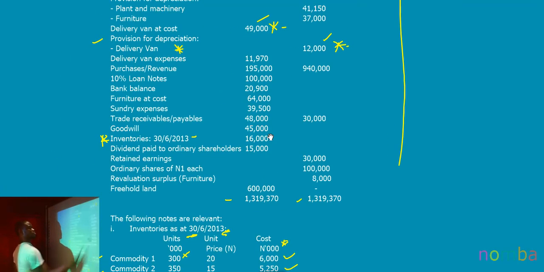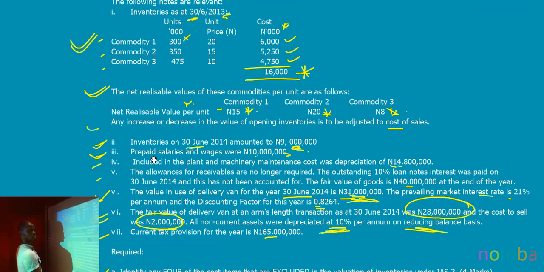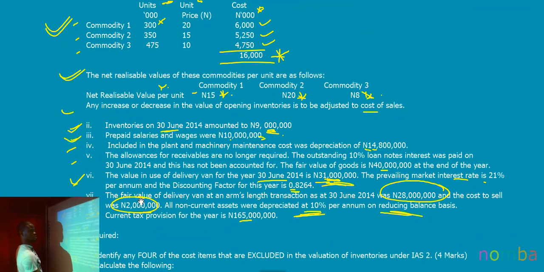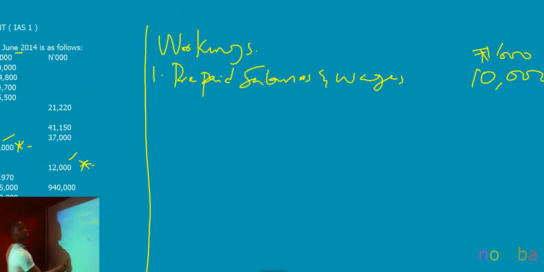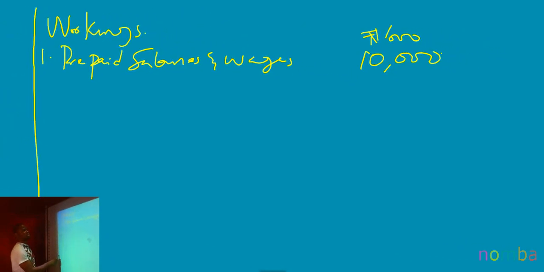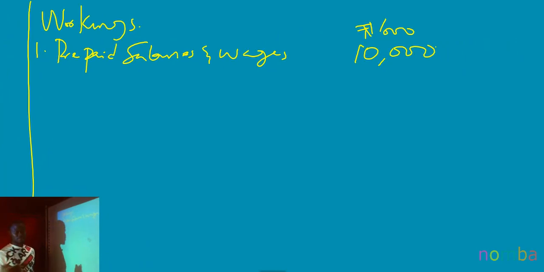Let me confirm it. Yes, it's 10 million. And when there is a prepayment, what this means is that some of the salaries and wages we have paid are for the next period, paid in this current period. That's what it means.